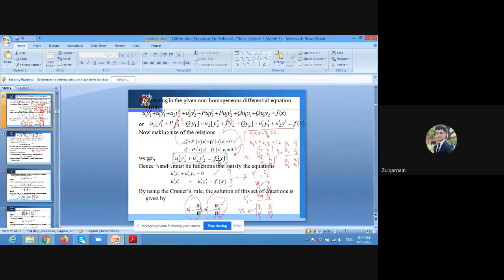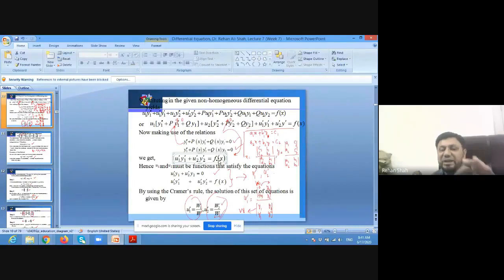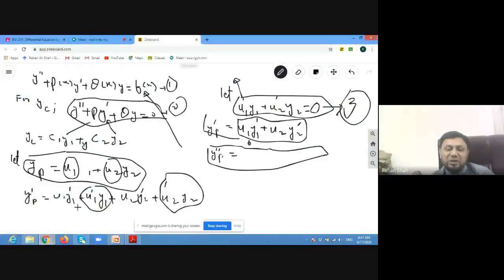Now this equation is derived on the basis of an assumption. We made an assumption in y dash p, if you remember: we took the sum of these two terms to be 0.